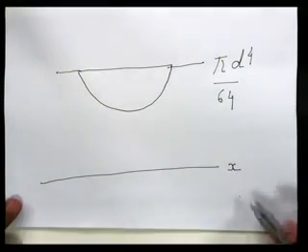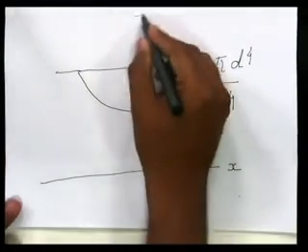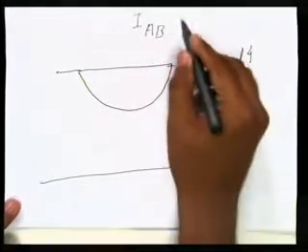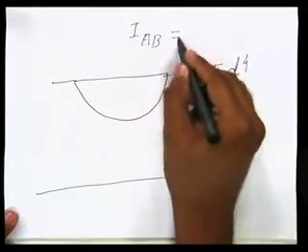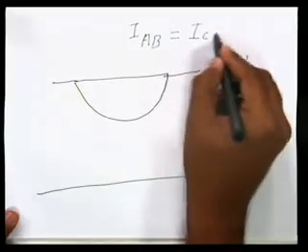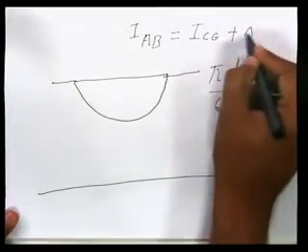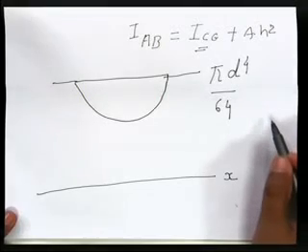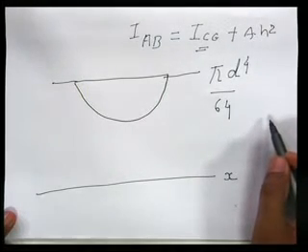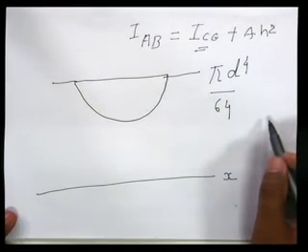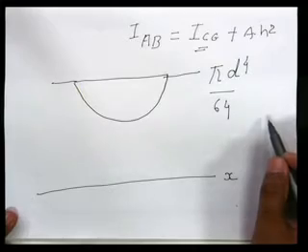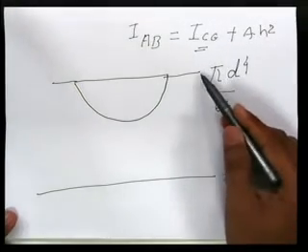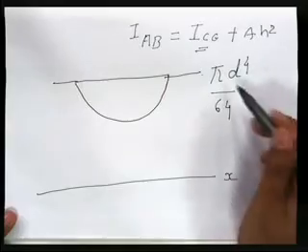In this case, you have to remember that when you apply the parallel axis theorem, IAB equal to ICG plus AH square, you can only transfer the values of moment of inertia where one of the axes is the centroidal axis. So you cannot apply the parallel axis theorem for these two axes.